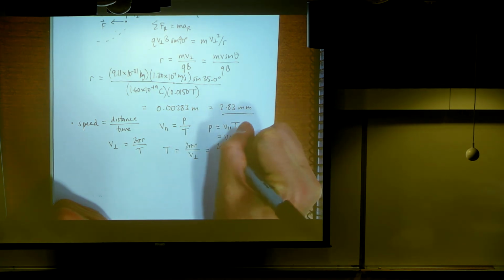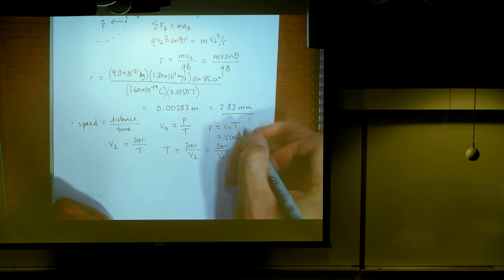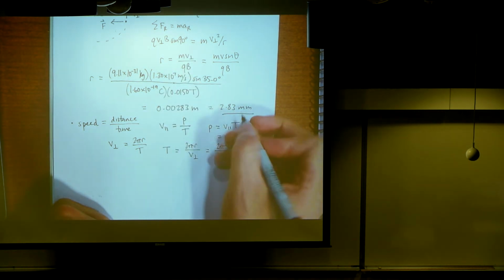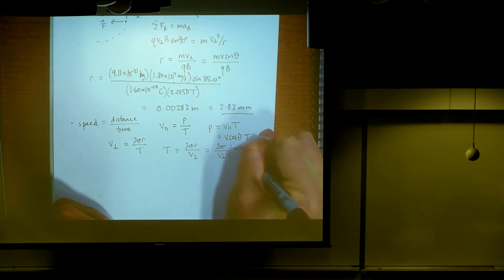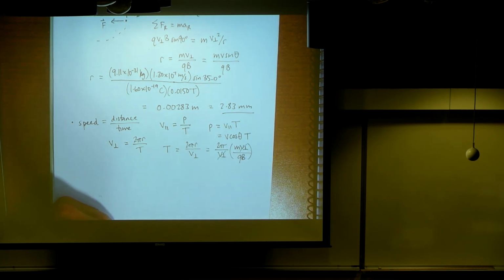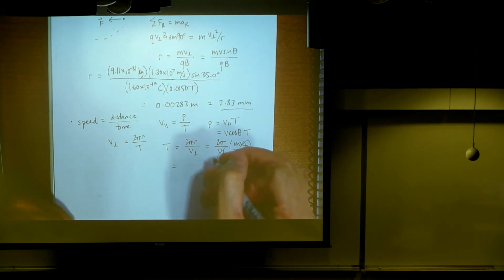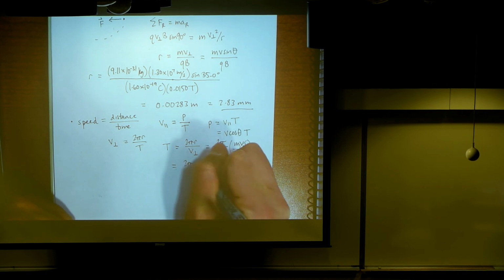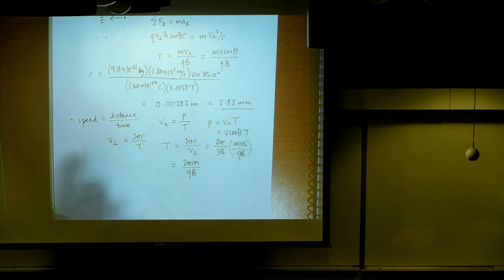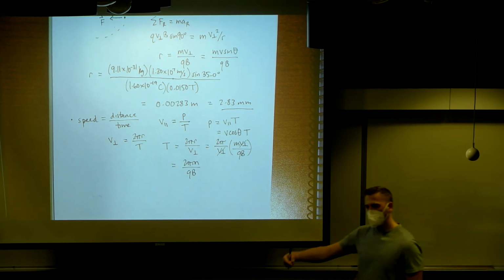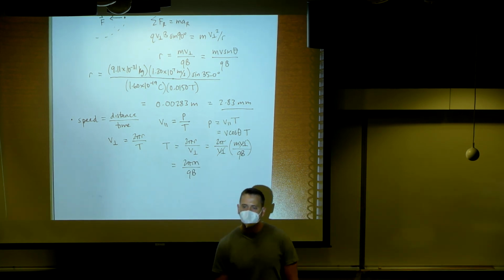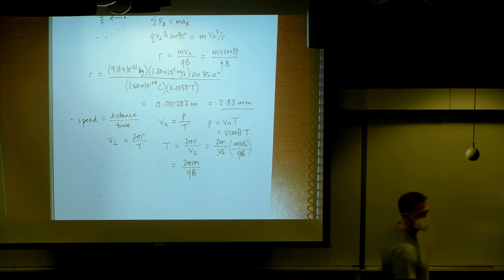So I have 2 pi divided by V perpendicular, and then for the radius, I'm plugging this in: m V perpendicular over qB. Cancel out V perpendicular. The period is just 2 pi m over qB. You may remember we derived a frequency, which is just the inverse of that, okay? But that's where it came from, okay?